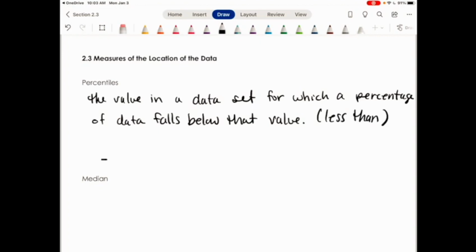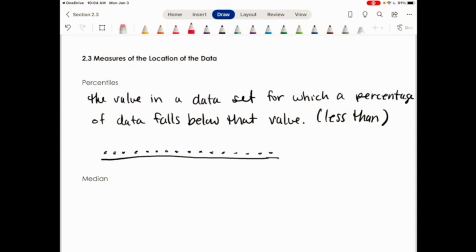If you imagine that you list all your data values in order, and sometimes you could have repeats, but for a visual effect here, imagine that you have a bunch of data values and you list them in order from smallest to largest. So these dots represent my data values listed smallest to largest. And I said I want to find the 10th percentile.